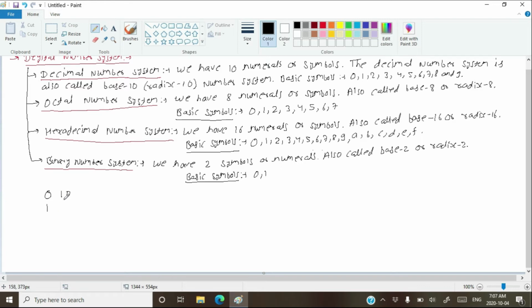After 10 it comes 11, and after reaching 11 you have exhausted all your two-digit numbers. So after 11 you have to go to 100, then you count 101. After 101 you have to do 110, because after 1 it comes 0.